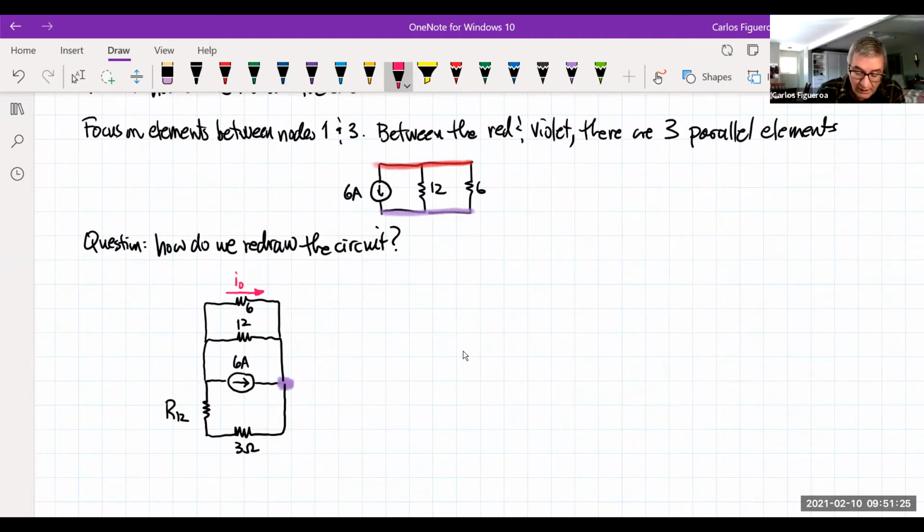So now I'm gonna keep reducing this thing here. So I know that this guy was equal to what? 1.5 ohms. And so what you're seeing here is that, when you're looking at the resistor, this is the violet node right here.